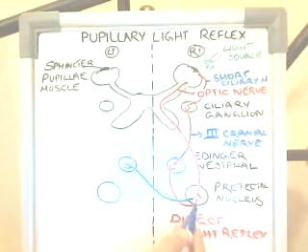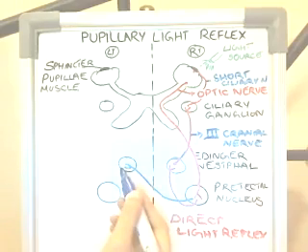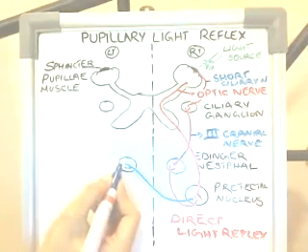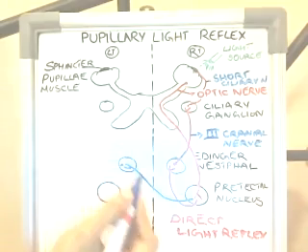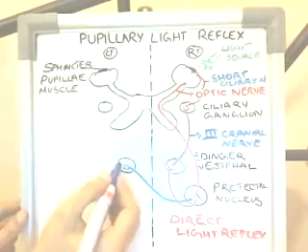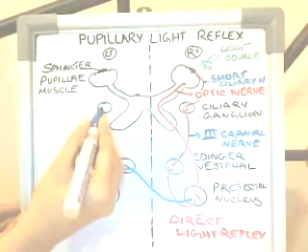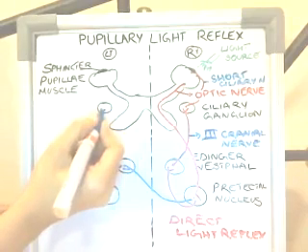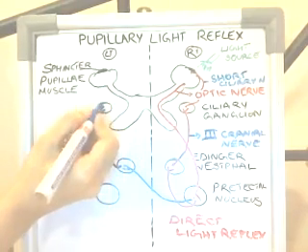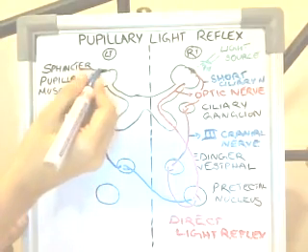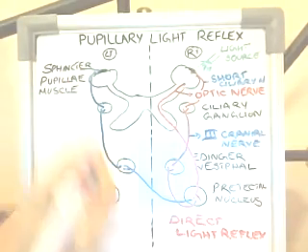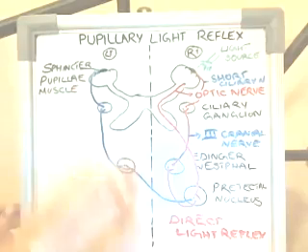From there, the third cranial nerve preganglionic fibers end in the ciliary ganglion, and from there they project to the sphincter pupillae muscle, and the nerve is the short ciliary nerve, which is the postganglionic fiber.